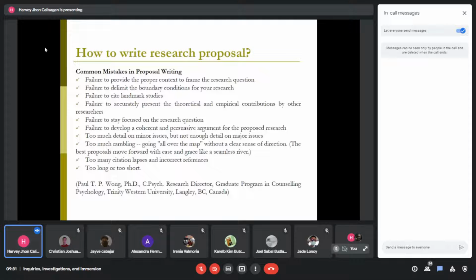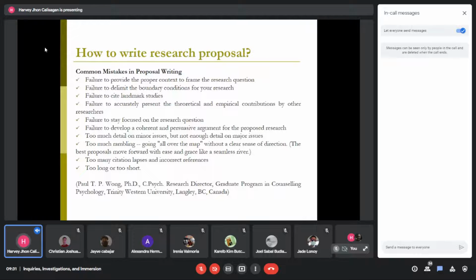So you have to make sure that you have included the citations. Failure to accurately present the theoretical and empirical contributions by other researchers is the same thing as failing to cite landmark studies.